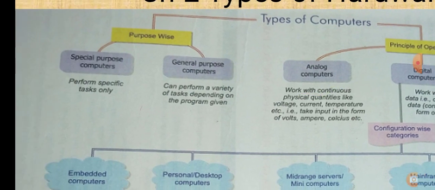When we divide computers on the basis of purpose, then there are two broad categories: special purpose computers and general purpose computers. So special purpose computers, as the name suggests, perform specific tasks only, while general purpose computers can perform a variety of tasks depending on the program given.